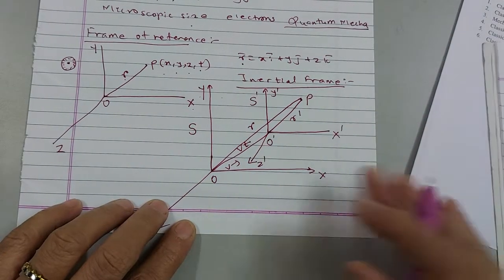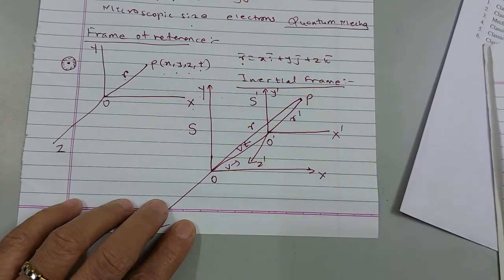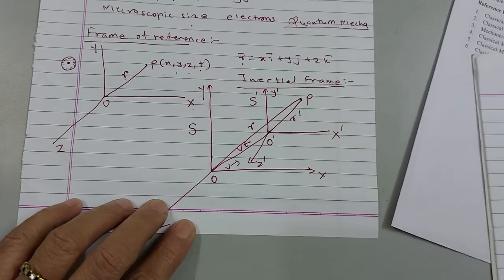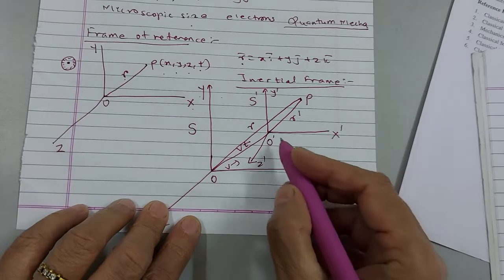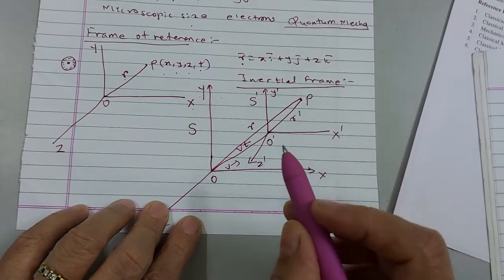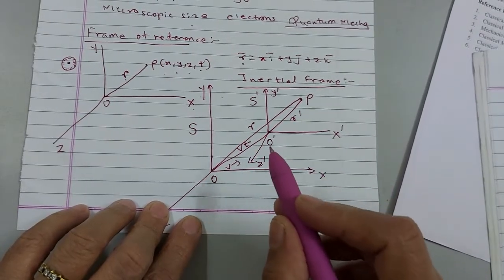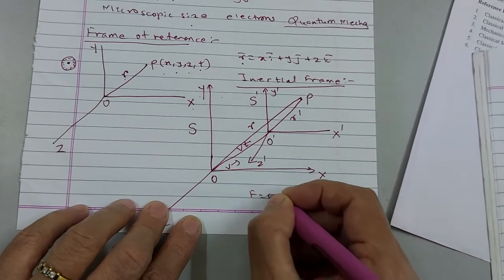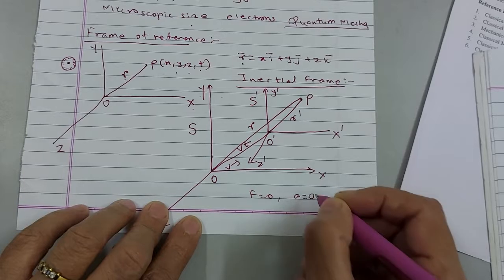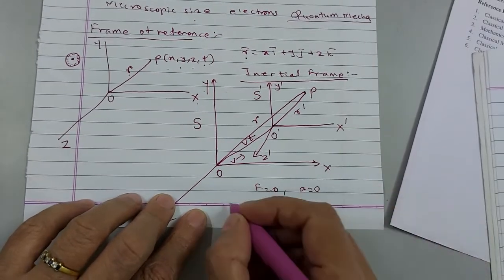So in an inertial frame, a body not experiencing any force appears unaccelerated, that is F is 0, and unaccelerated means A is 0. So Newton's second law says what?